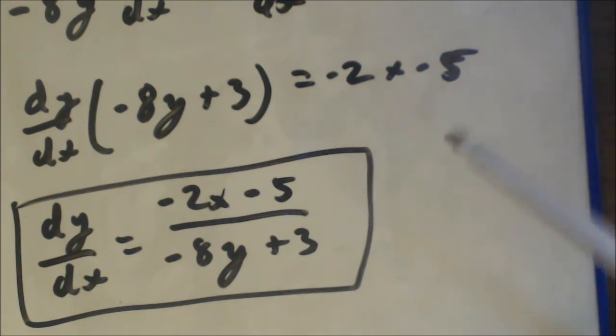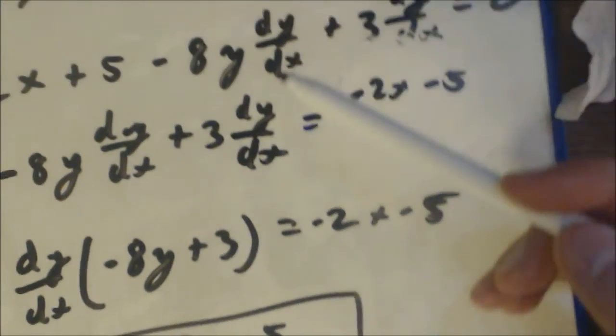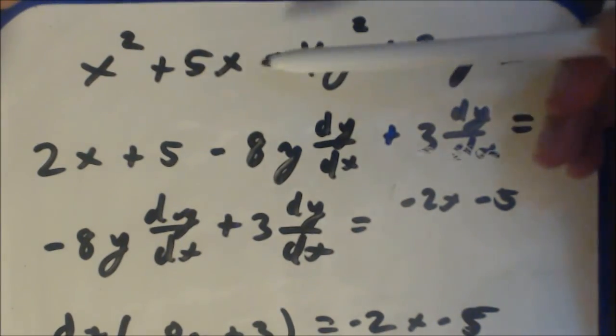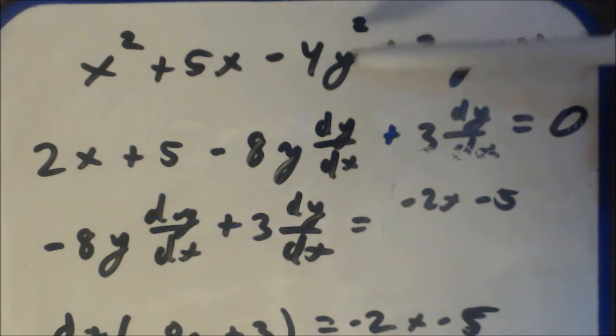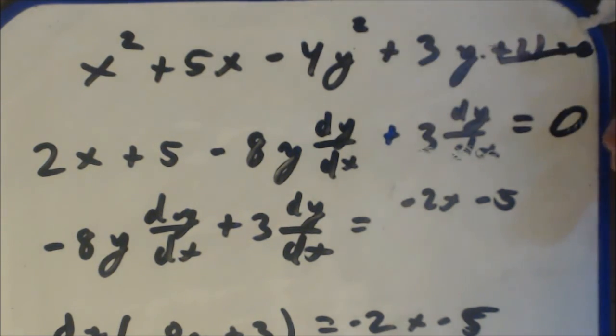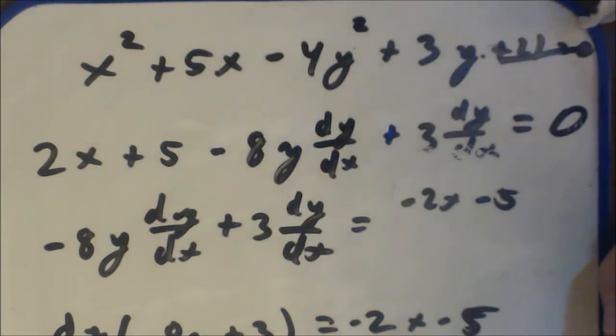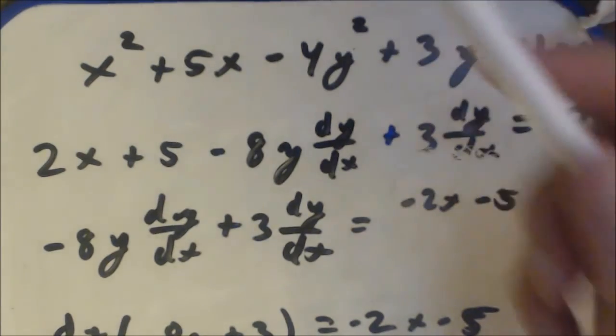So just to recap, when you're solving implicitly, you're going to want to add a dy dx whenever you take the derivative of anything with a y in it. That goes for the multiplication rule too: when it's second times derivative of the first plus first times derivative of the second, when the y comes up, that's when you add the dy dx.